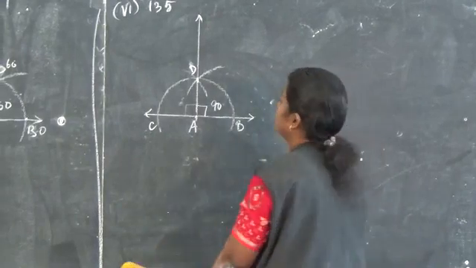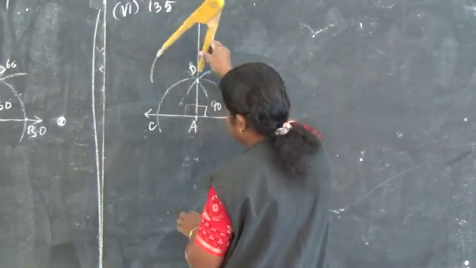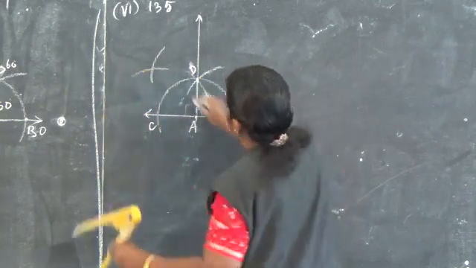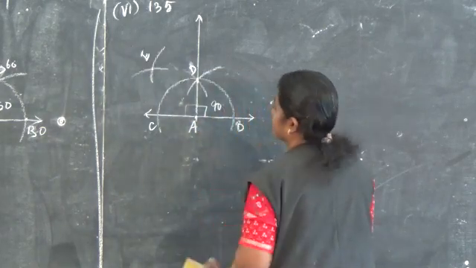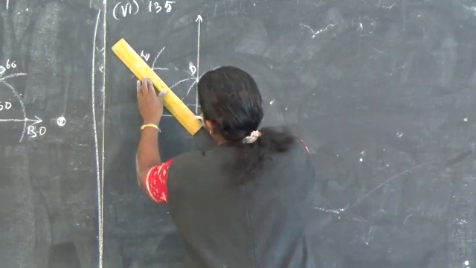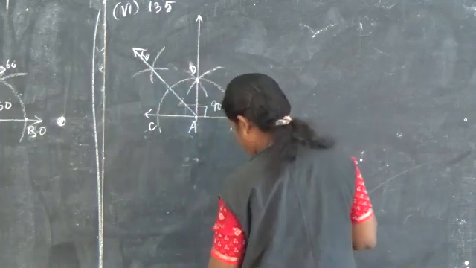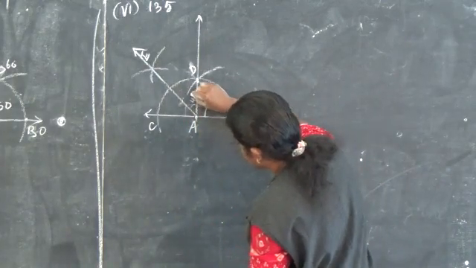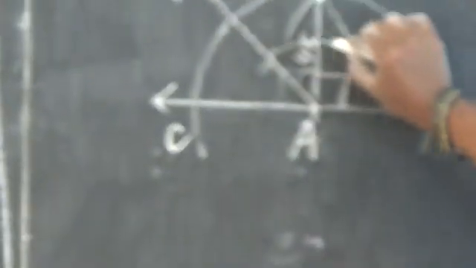How to draw? Without changing any measurements. D as a center, draw the arc. C as a center, draw the arc. It cuts at E. Here 90, this one is 45 degree. 90 plus 45 degree, how much angle is this, dear?